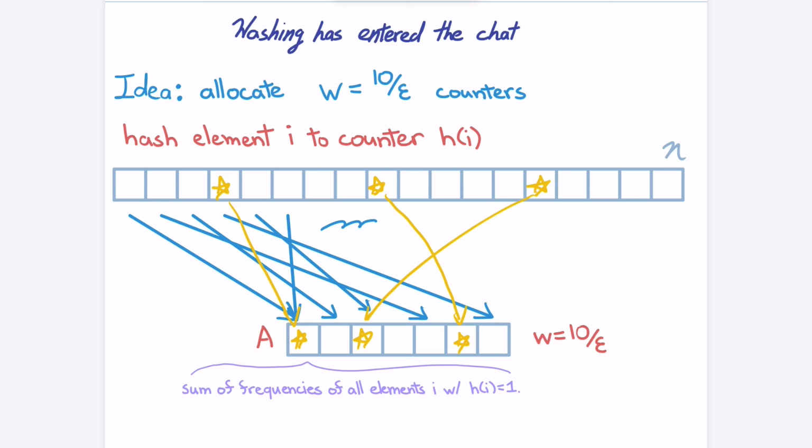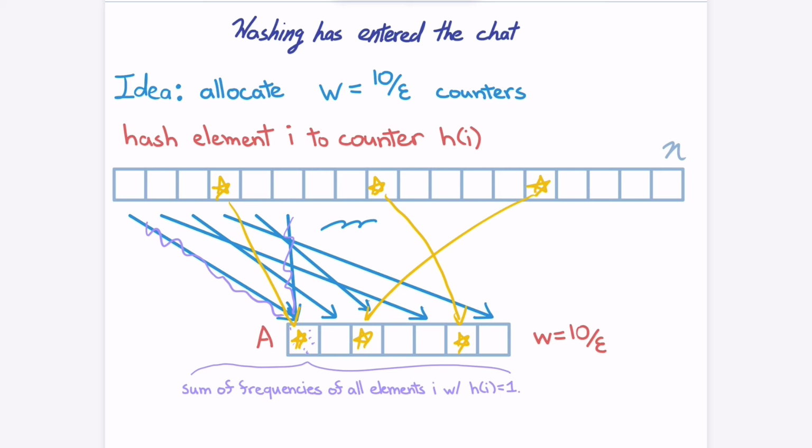Now, in general, say this point goes here, and you're going to get this, plus you're going to get a lot of noise. Other elements that hash in are going to add a little bit to the counter, and a little bit more. So if I ask what's the counter for this thing, and I look down here, I'm going to get an overestimate, because I'm going to get its actual count plus some noise.